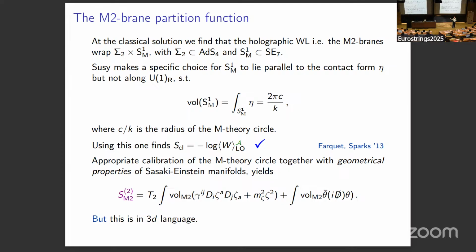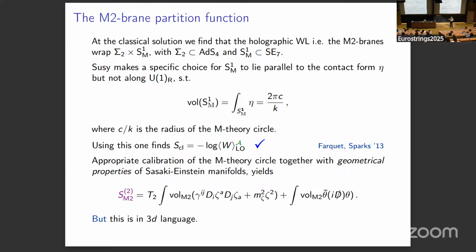What this means essentially is that it doesn't really matter which specific Sasaki-Einstein 7 manifold you have in mind; if you have its metric explicitly, you can just read off the c from the metric. You don't even have to do a big calculation. And what one finds is that you can match this at the classical order.